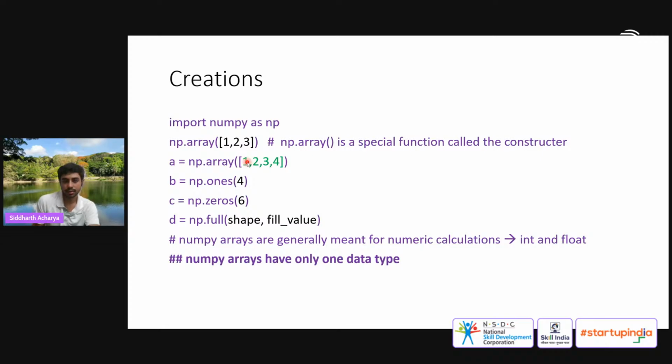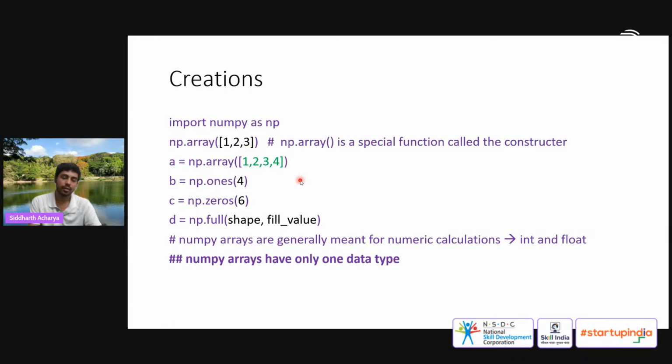All the elements of the list have to be of the same data type. If they are not, we'll see what happens later. But currently, just remember all the elements have to be of the same data type. This function is a special function called a constructor.